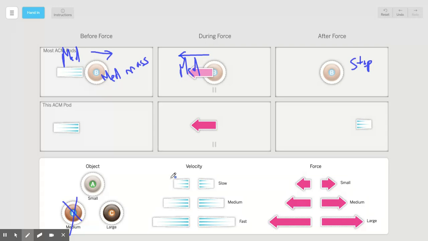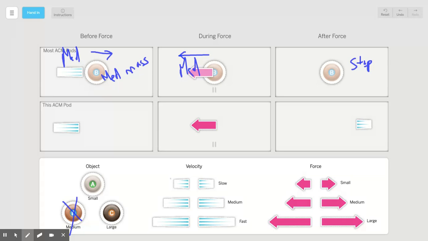So we learned through our experiments, especially the last experiment in the Amplify site, that when two objects are different masses, one more and one less, and you want to get them to get the same velocity change, you need to put more force into the heavier object.